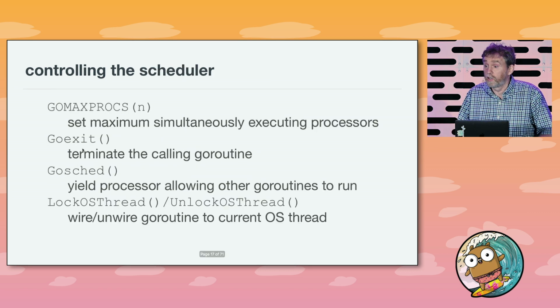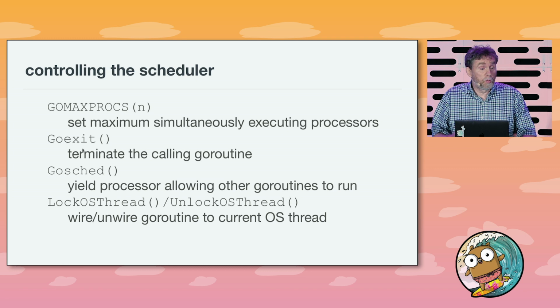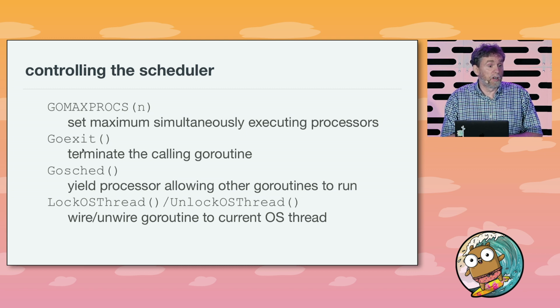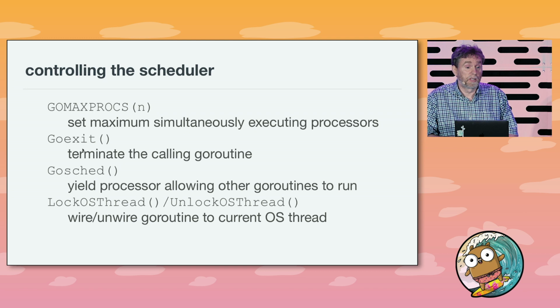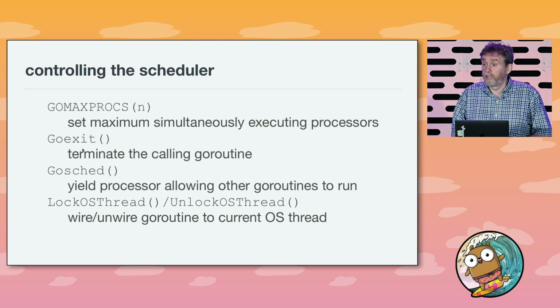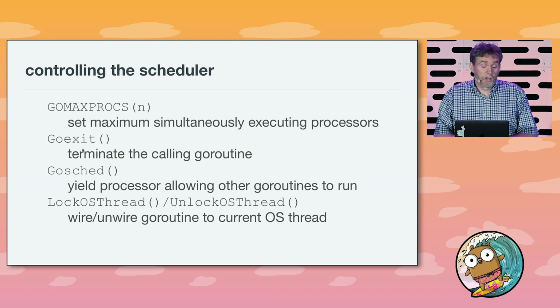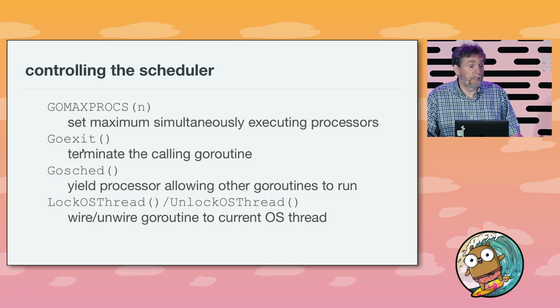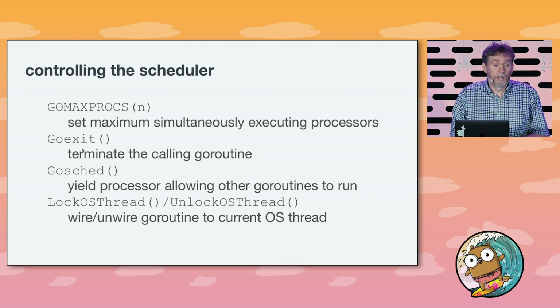What about those ones to control the scheduler? Well, there's one, GOMAXPROCS. That's sort of the analog of the GOMAXPROCS environment variable you've probably heard of. What this function does is, while the program is running, it can change the maximum number of simultaneously executing processors available. Goexit immediately terminates the calling Go routine.